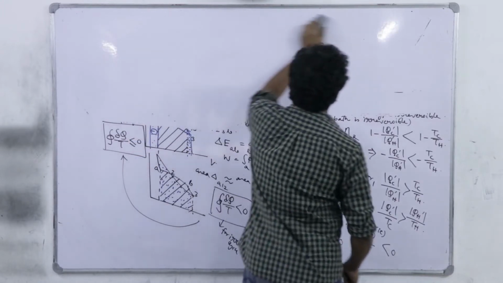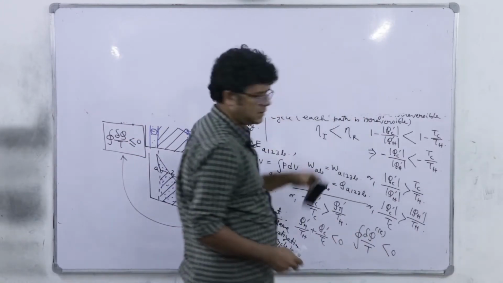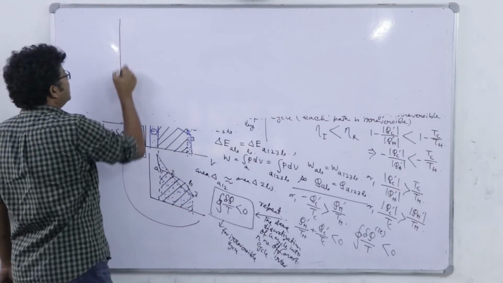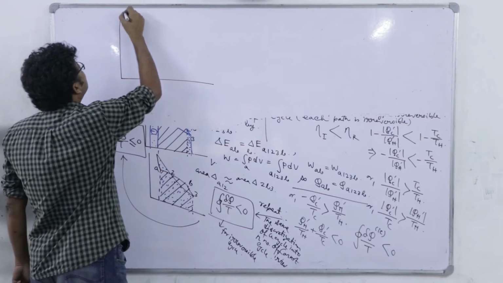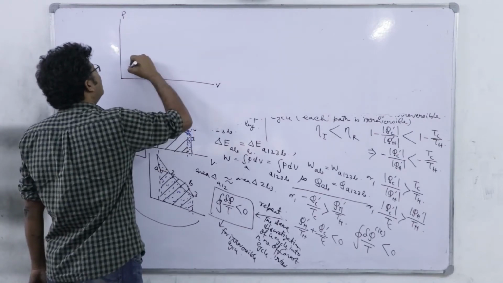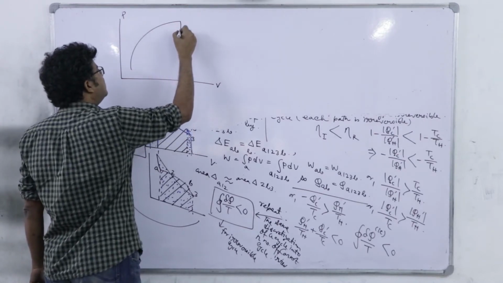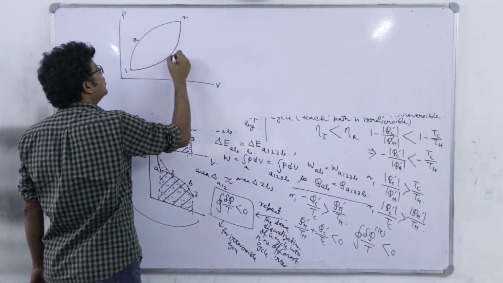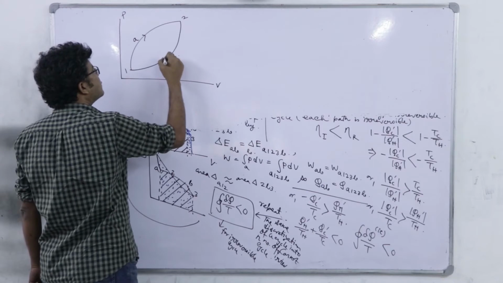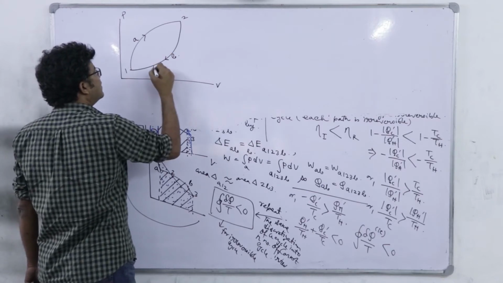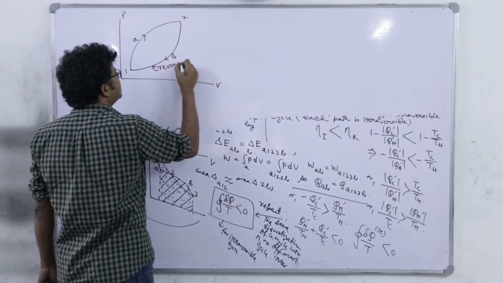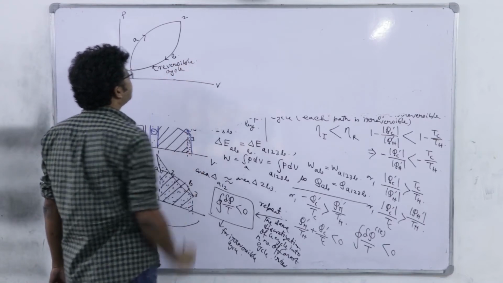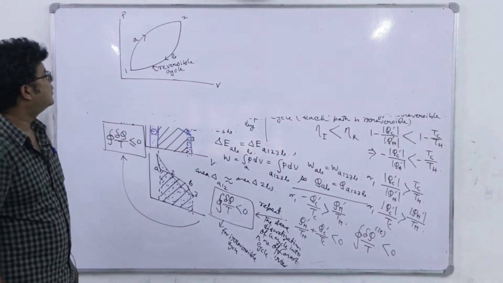Right. Let us consider a cyclic process 1A 2B1. It is a reversible cycle. Right.